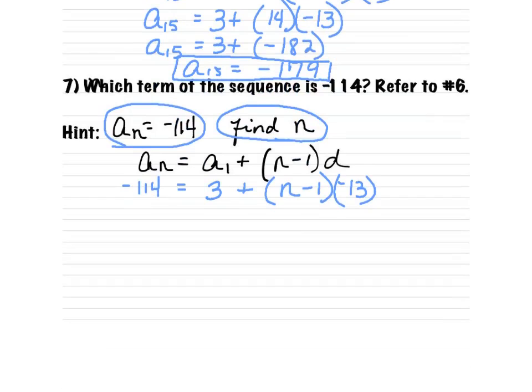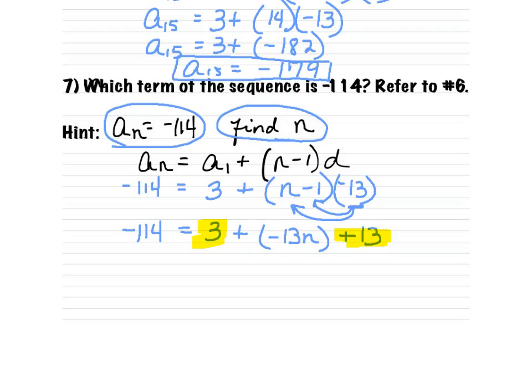Okay, let's solve for n now. All right, the first thing we need to do here, of course, is going to be to distribute the negative 13. So let's rewrite this. Negative 114 equals 3 plus negative 13n plus 13. Let's combine like terms. We can combine the 3 with the 13, and let's rewrite this.